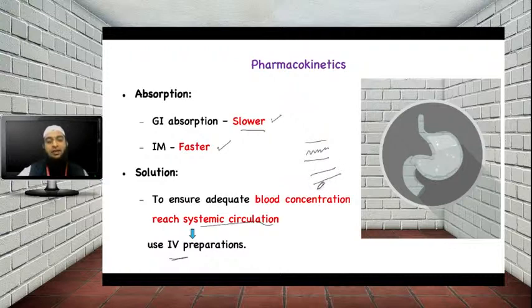Suppose you have given it through the oral route, then this could be the condition: it is not coming in the therapeutic range, it is coming below the therapeutic range, isn't it? Or maybe you have given it through the intramuscular route, maybe it is unpredictable and sometimes it goes above the therapeutic range, and if the concentration of the drug goes above the therapeutic range, it may produce toxicity. So in the case of a drug with a narrow therapeutic index, in the case of a child, the preferred route is the IV route of administration. Okay, so this is about the absorption of the drug.